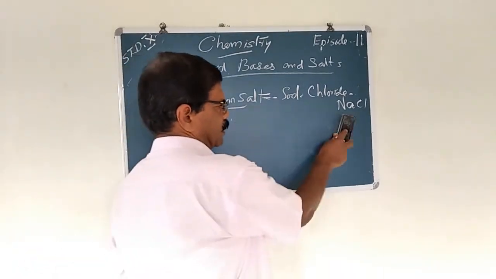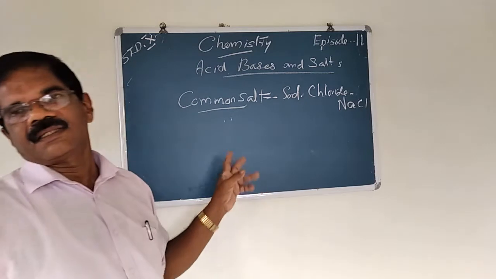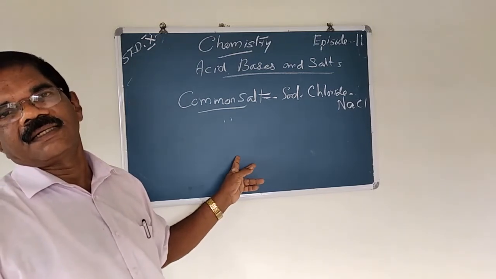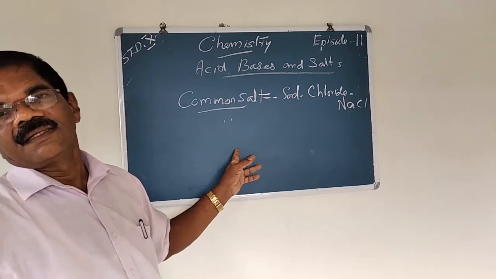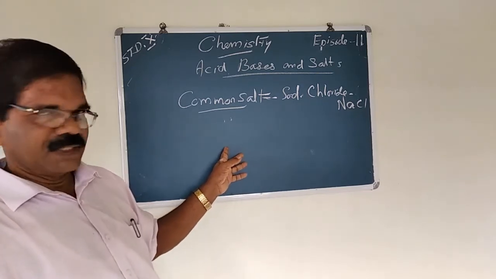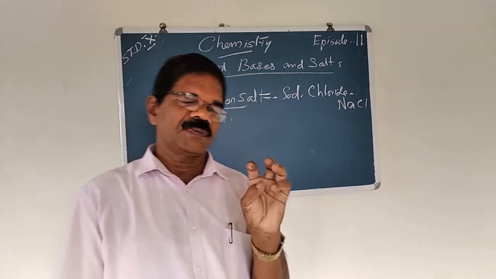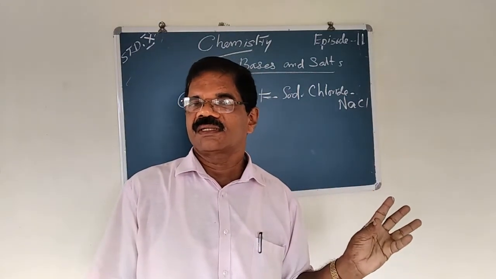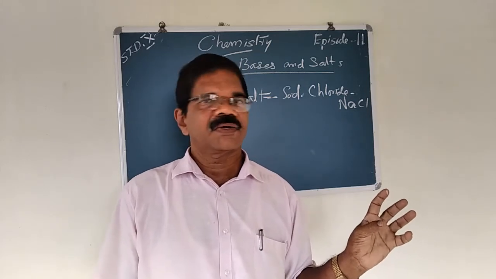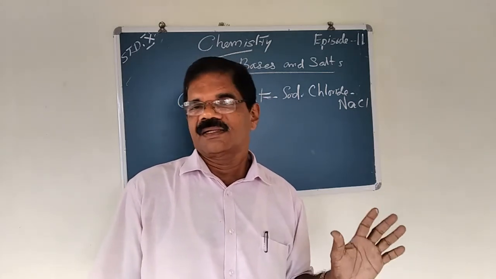Similarly, when seas dry up, it is also found in the former sea areas. The main source of salt is seawater. The main source of sodium chloride is seawater.